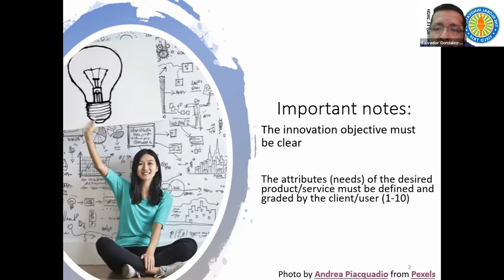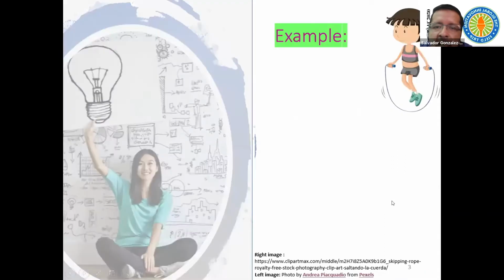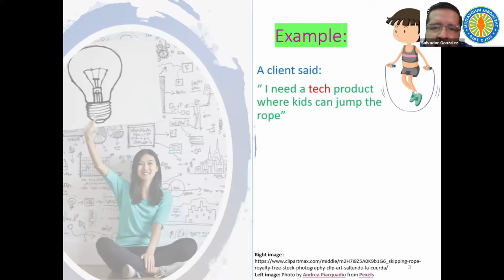So, we will use a scale from 1 to 10. Let me give an example. A client said, I need a tech product where kids can jump the rope.